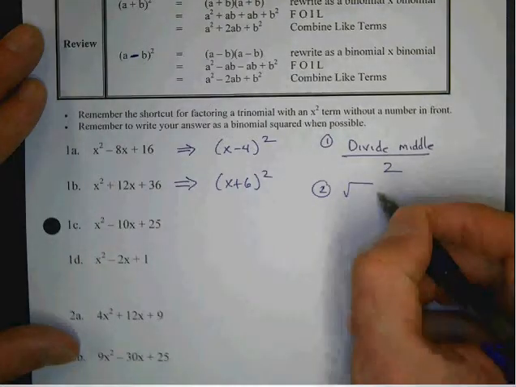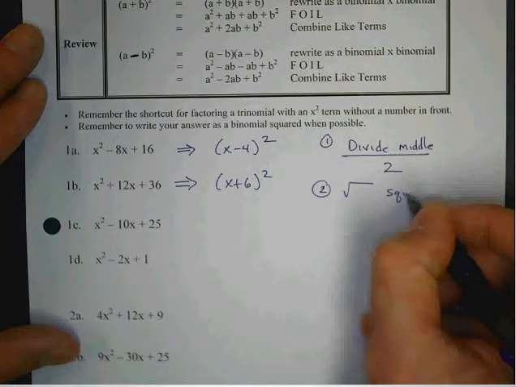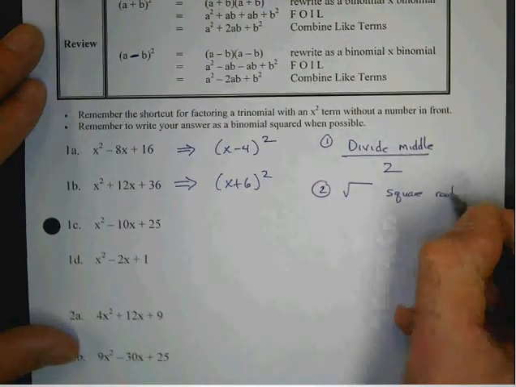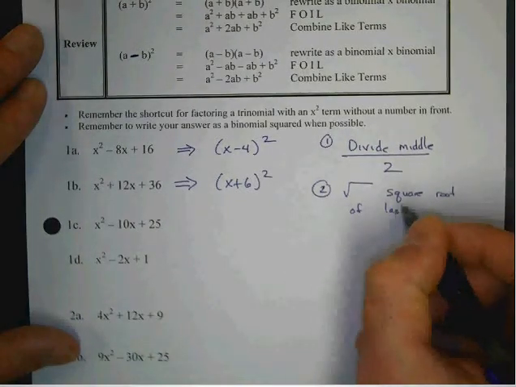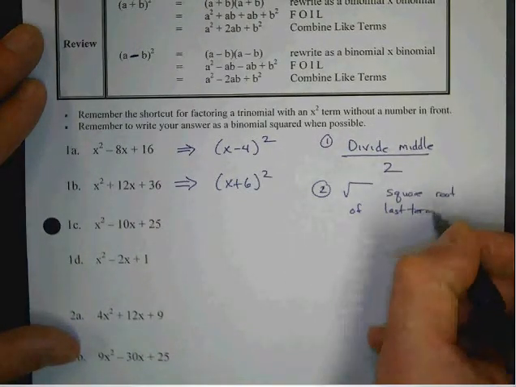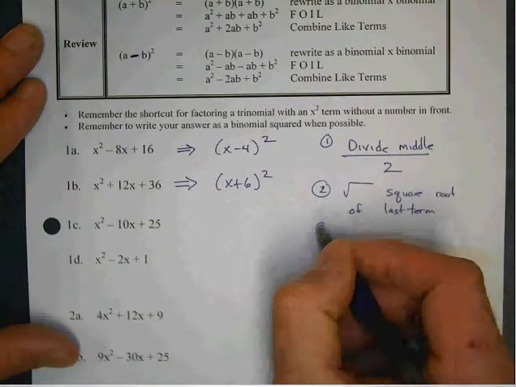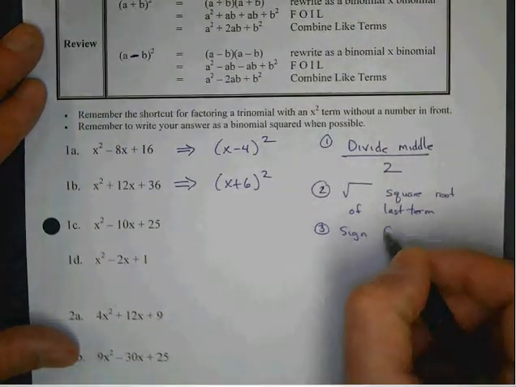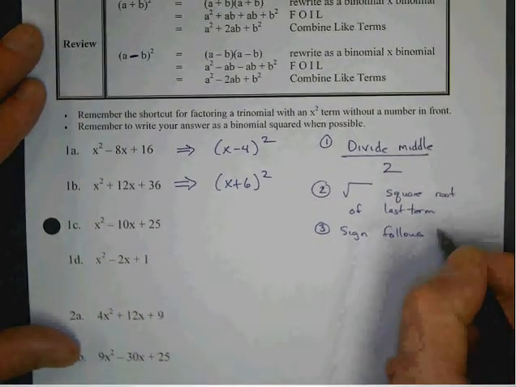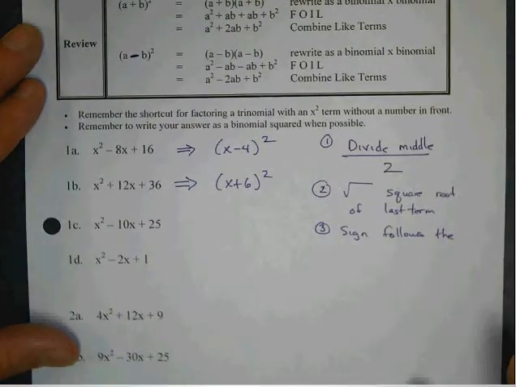So it's the square root of the last term, and the sign follows what? What does the sign follow?